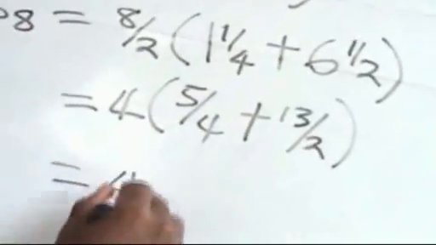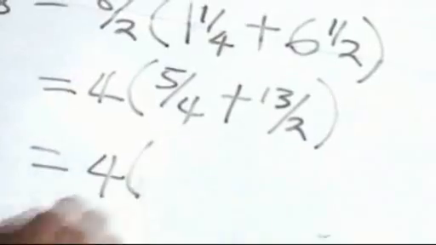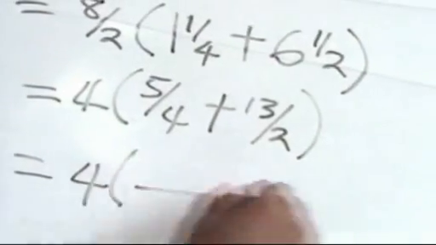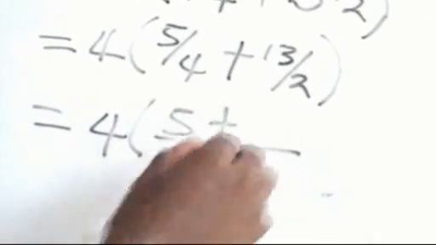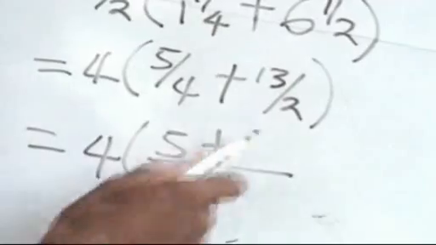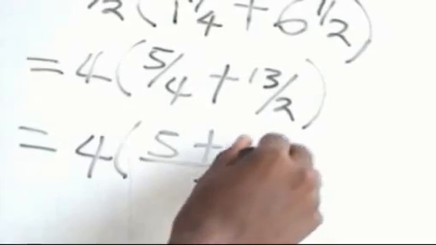So from here, this is 4 into the LCM of 4 and 2, which is 4. 4 divided by 4 will give 1, 1 times 5 will give 5, plus 4 divided by 2 we have 2, 2 times 13 is 26.